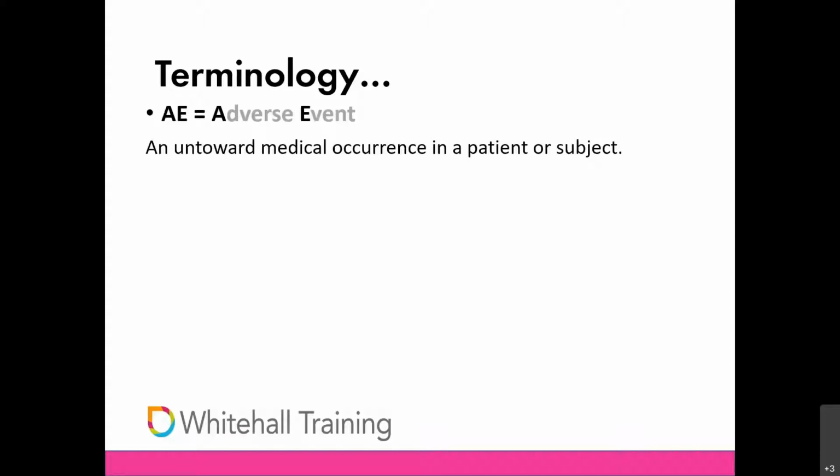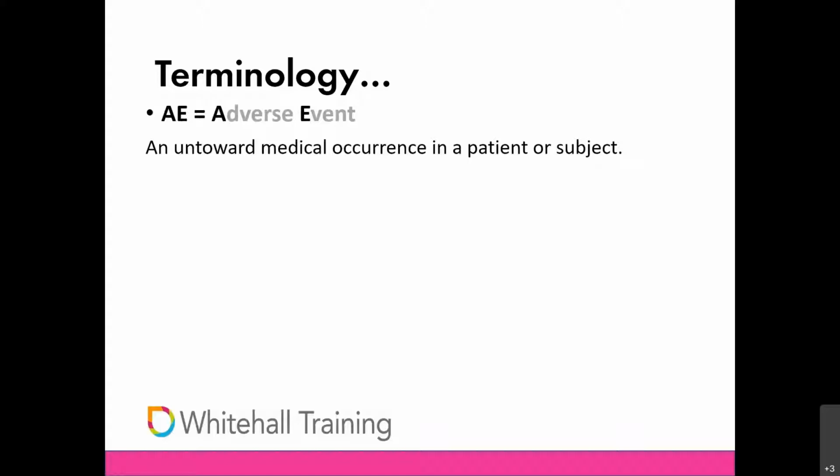This is an untoward medical occurrence in a patient or subject. Fairly straightforward. Subject being the name that's given to a patient in a clinical trial. Now, with an adverse event, there is no necessarily causal relationship with a product. So all it is is an unfortunate event, an untoward medical occurrence.